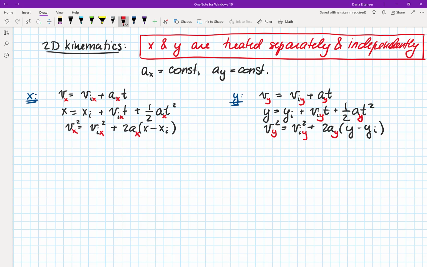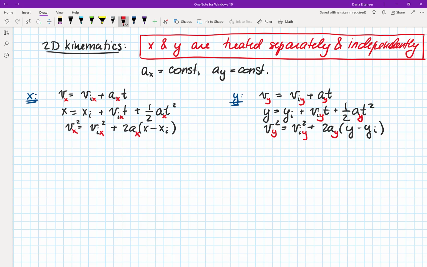If you compare these equations, the set of equations for x is identical to the set of equations for y, with the exception of those labels. Velocity in the x direction is distinctly different from velocity in the y direction. Acceleration in the x direction is distinctly different from acceleration in the y direction.